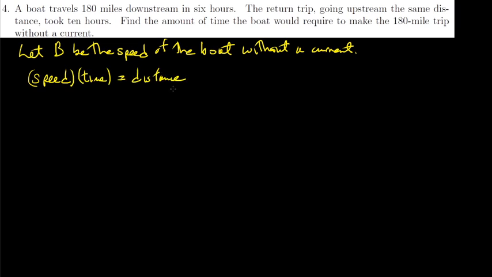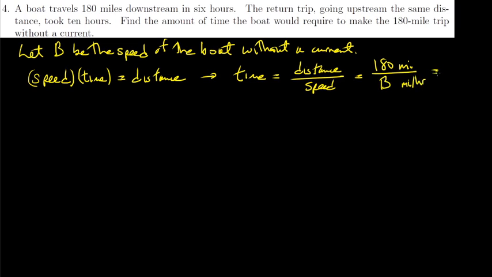So time is distance divided by speed. We know the distance, that's 180 miles. We don't know the speed, that's B, in miles per hour. So to get the time, we just take 180 divided by B. But we have to find B.